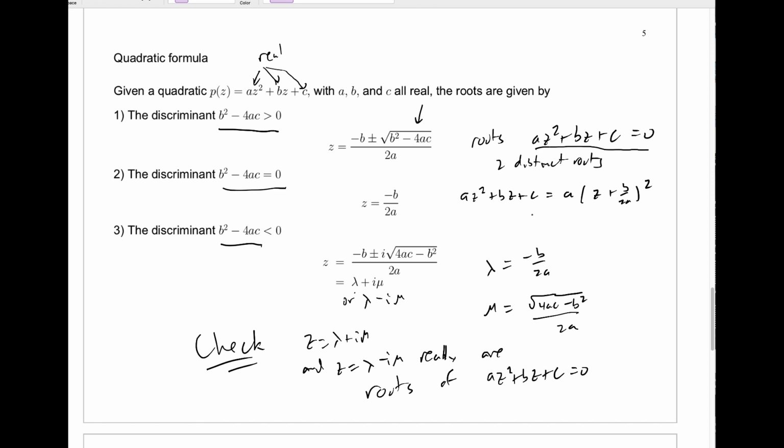What we're going to see, and we'll wait until the next day to see this, is that we'll be able to make sense of this even when the number r is a complex number that's not real. That'll happen in the case when the discriminant is negative, so we'll be able to handle that case using complex numbers where we couldn't handle that case with just real numbers alone.